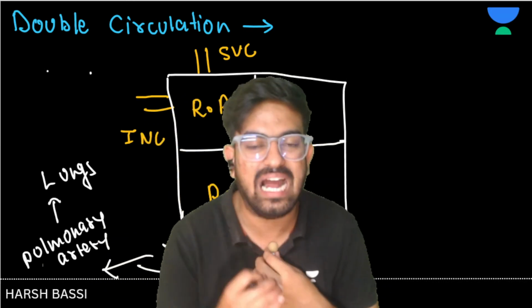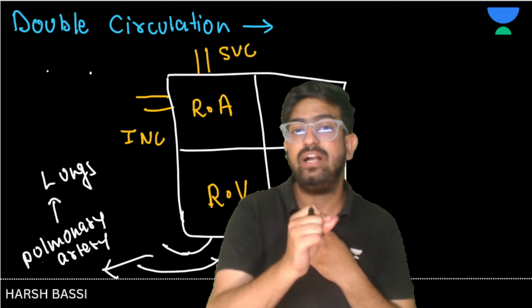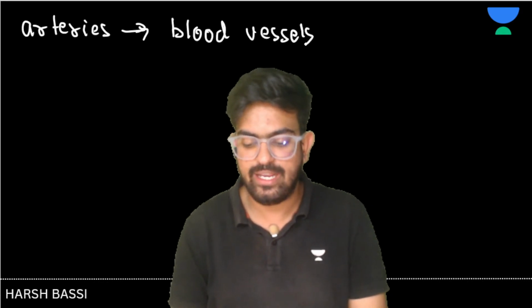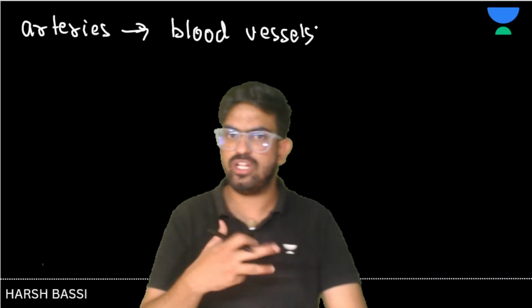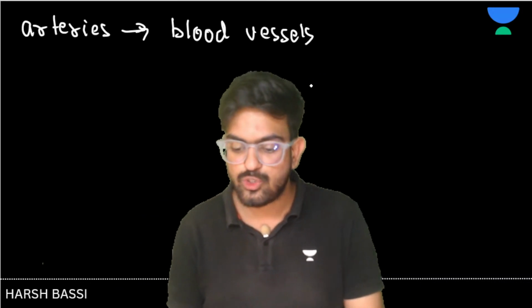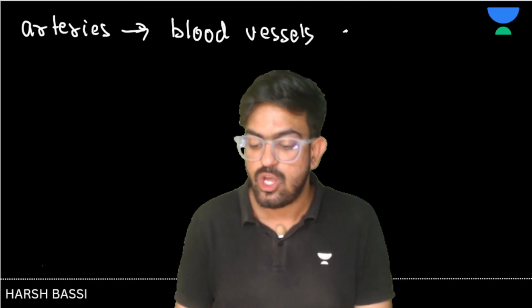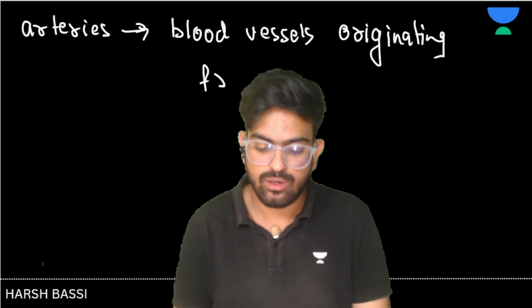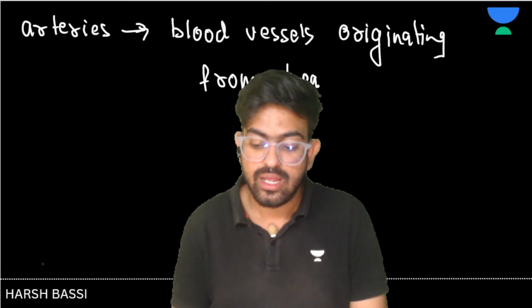The definition of an artery is a blood vessel originating from the heart, or any organ.